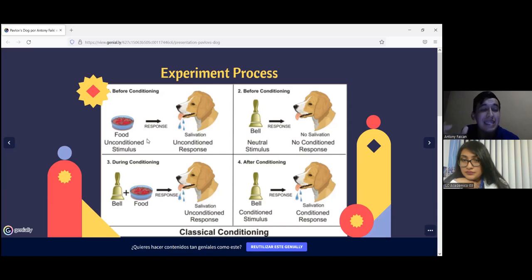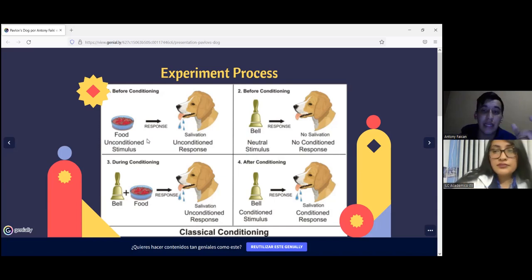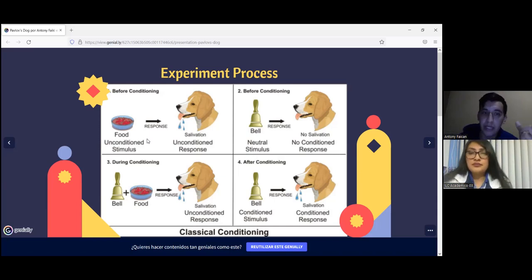So Pavlov selected a specific stimulus that gets a specific response. He presented the food and his dog started to salivate. In this case, the food is the unconditioned stimulus, and the salivation is the unconditioned response.